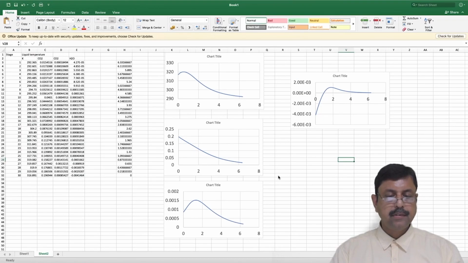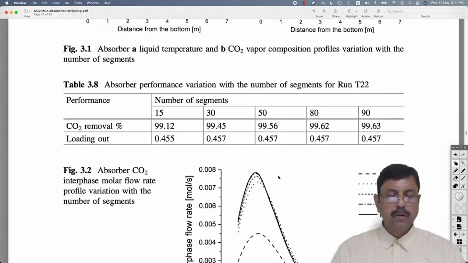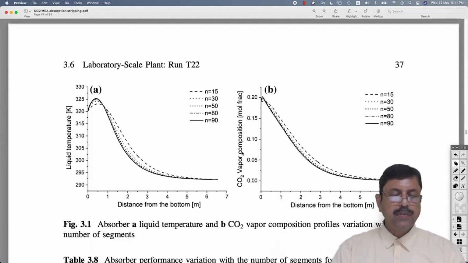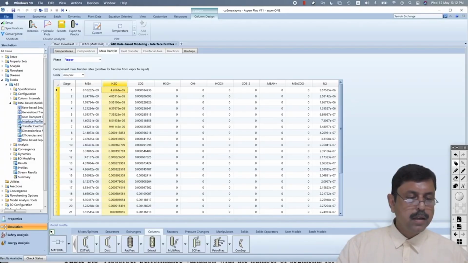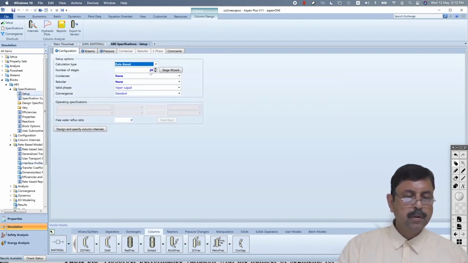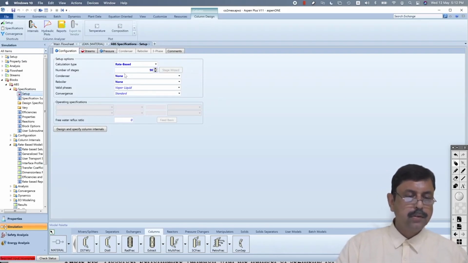So the trend is similar. Okay, now if you change it from 30 stage to 90, let us see how it changes. Okay, now for that, what we need to do is change the setup from 30 to 90. So number of stages 90.